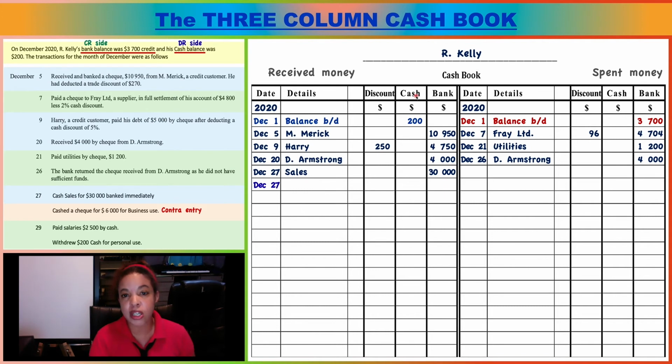So you go to the column, not the words, you go to the cash column, and how much did it increase by? We got $6,000 cash in hand. And you show that by putting it under the column, and the detail will be the other account, which is bank, and you make sure you put your CE to represent that it's a contra entry.